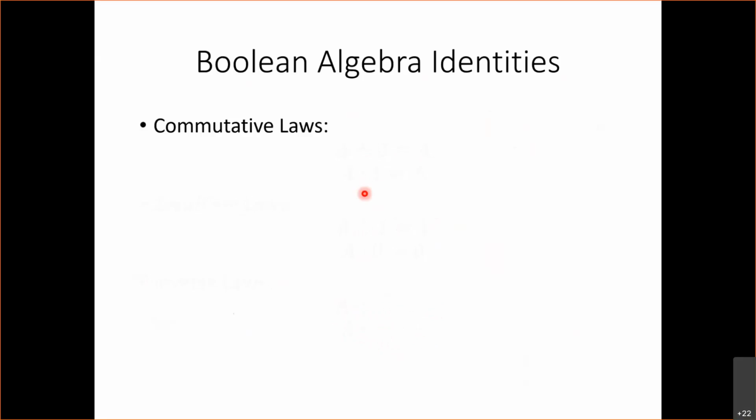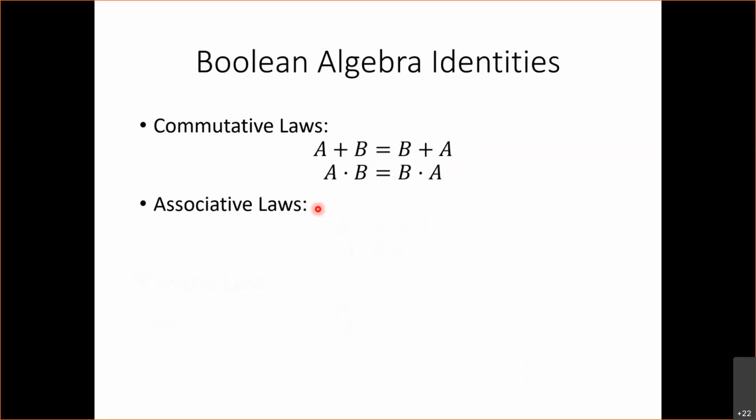Other identities include commutative laws. So we know that A or B is equal to B or A, and A and B is equal to B and A. So these Boolean algebra operators are commutative. We have associative laws. Associative laws tell us that A or B or C is equal to A or B or C, grouped either way.